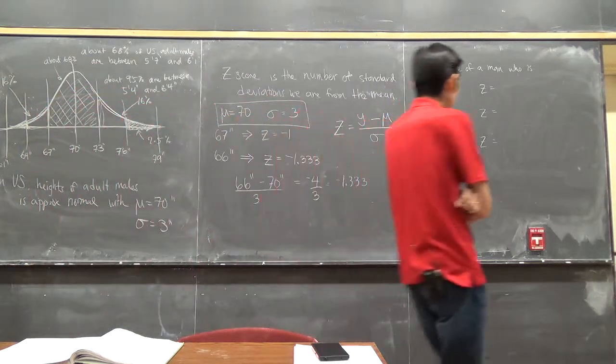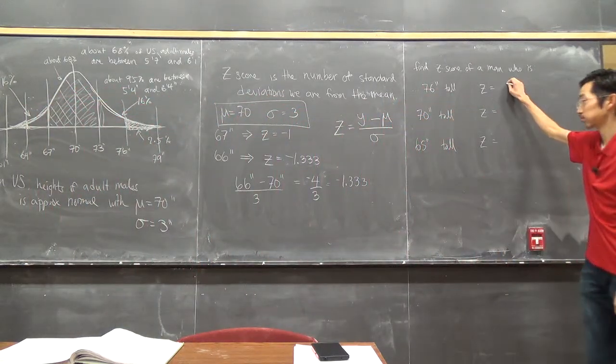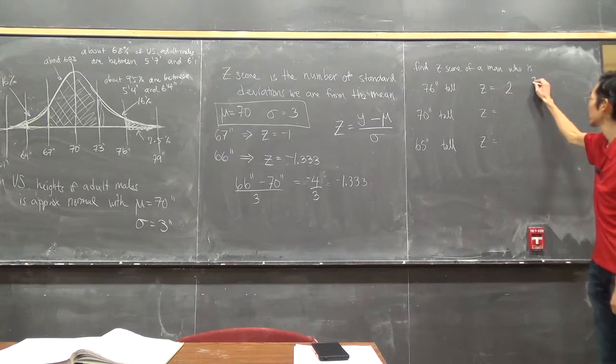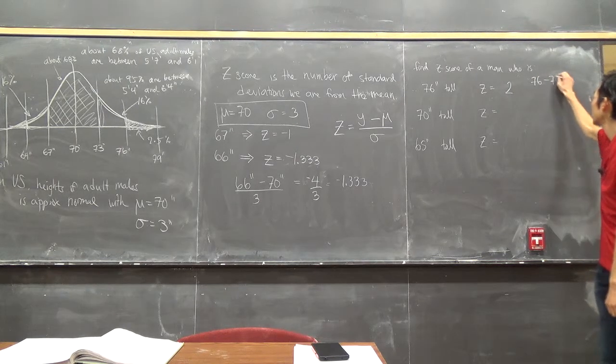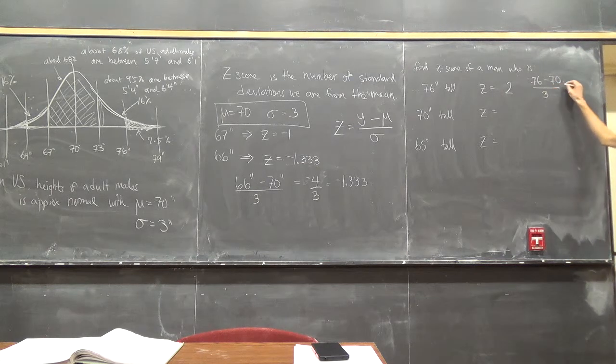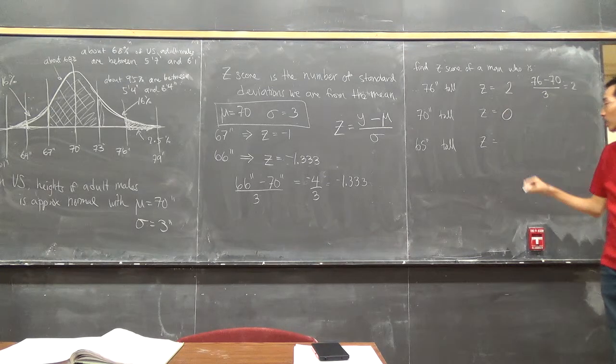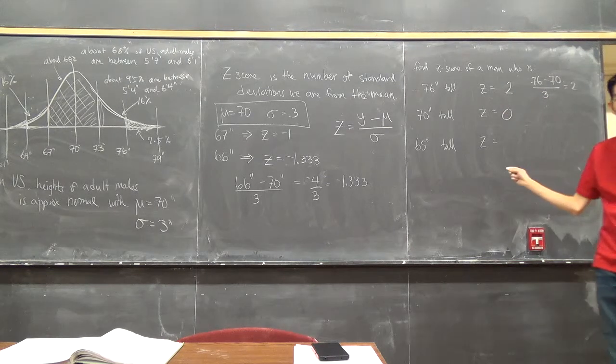Alright, so what do we have? We have positive 2. Okay? So you just do 76 minus 70, gives you 6. You divide that by 3, and we get 2. What about here? 0. Okay? The mean is 70.